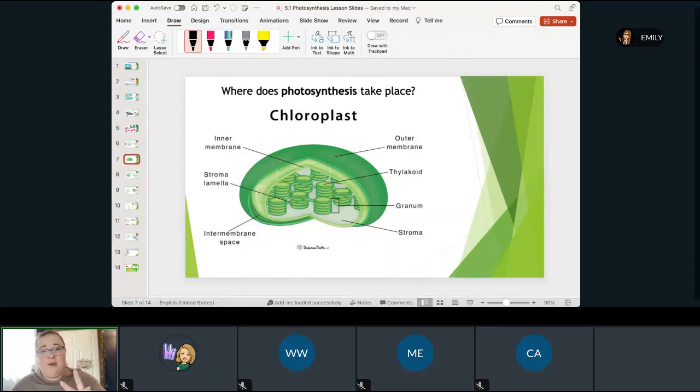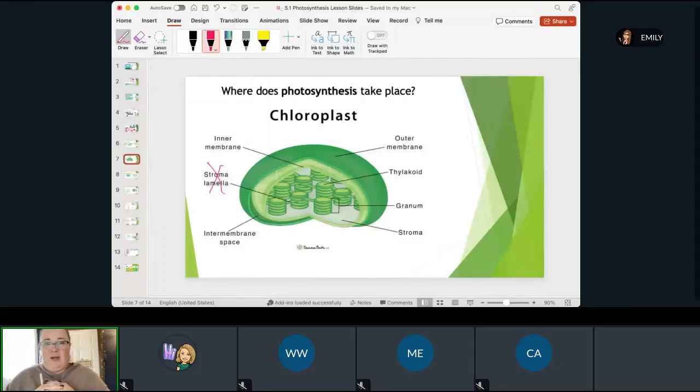Chloroplasts actually have two membranes. They have an outer membrane and an inner membrane, and then there's some space in between there, okay? This we don't really talk about, so that's not super important.